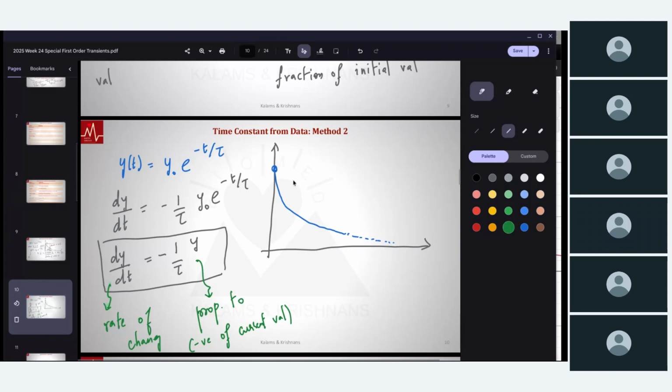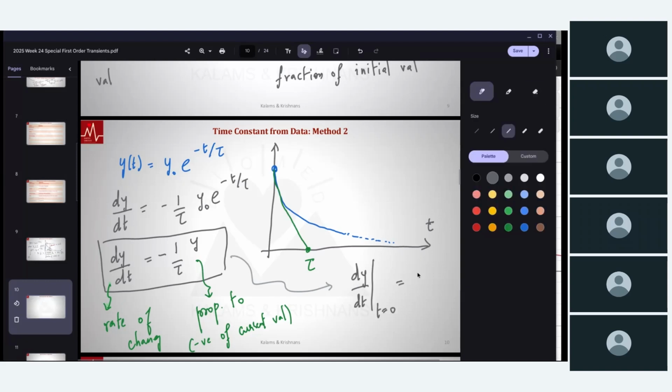It so happens this initial slope corresponds to the time constant. You draw a tangent initially, and wherever this touches the time axis, that will be the time constant. Why is that the case? Let's take dy by dt and evaluate it. The initial slope is at t equals 0.